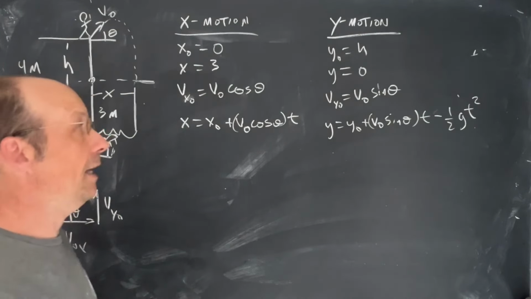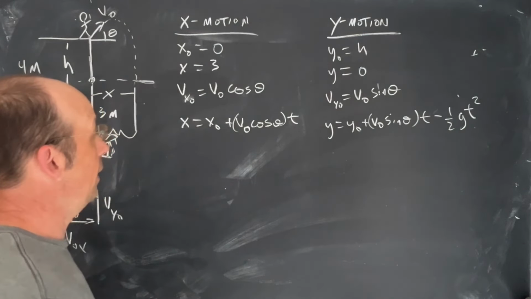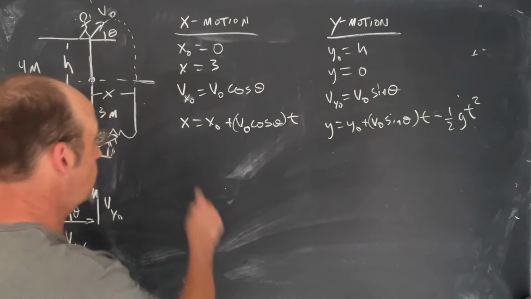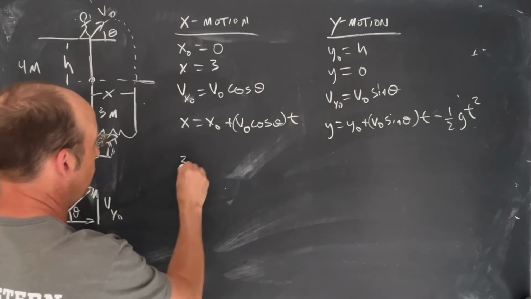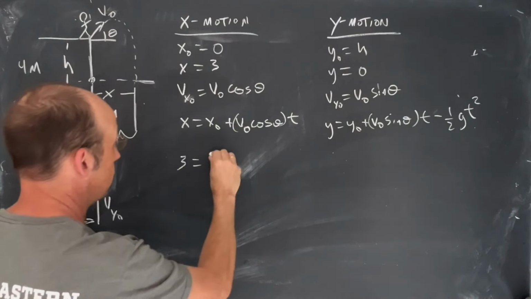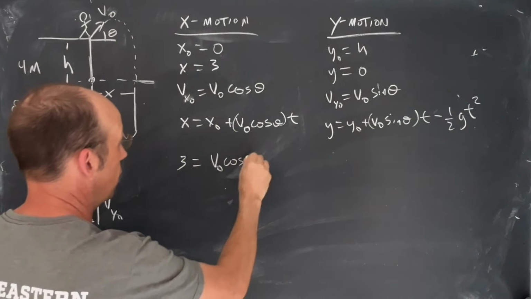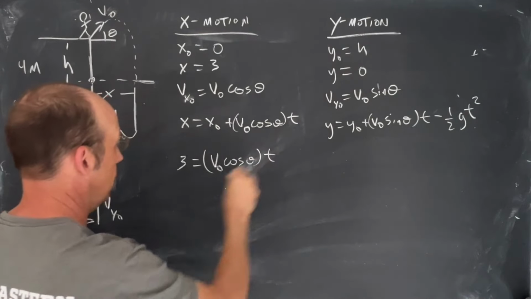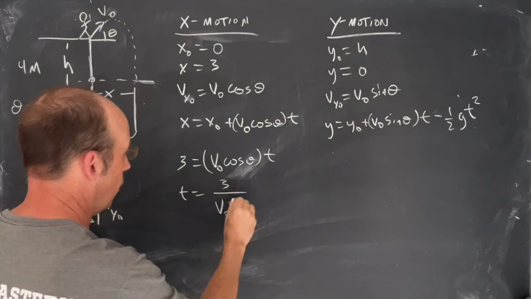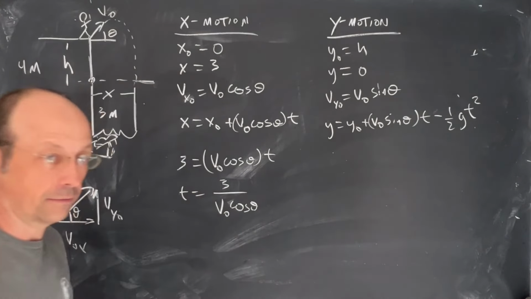So let's put in our values and solve the X equation for t, and then plug it in over there. I know x final is 3, and initial position is 0, so this is just going to be v0 cosine theta t. So t is going to be equal to 3 over v0 cosine theta.